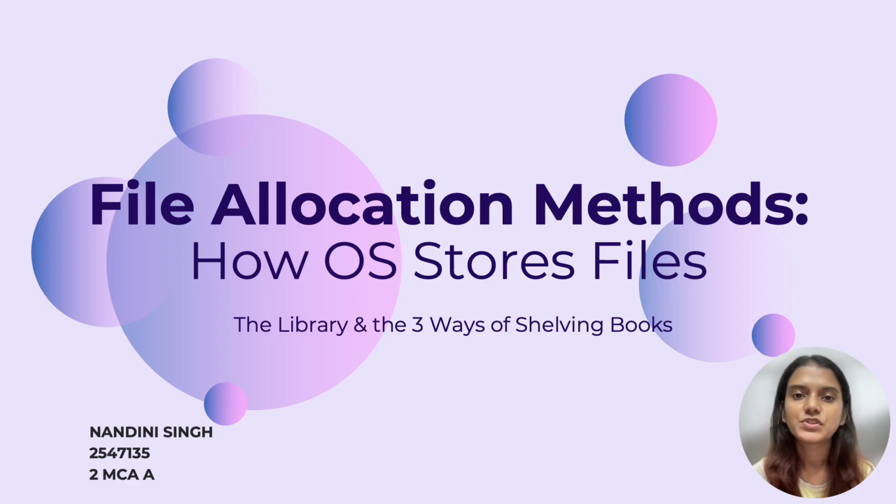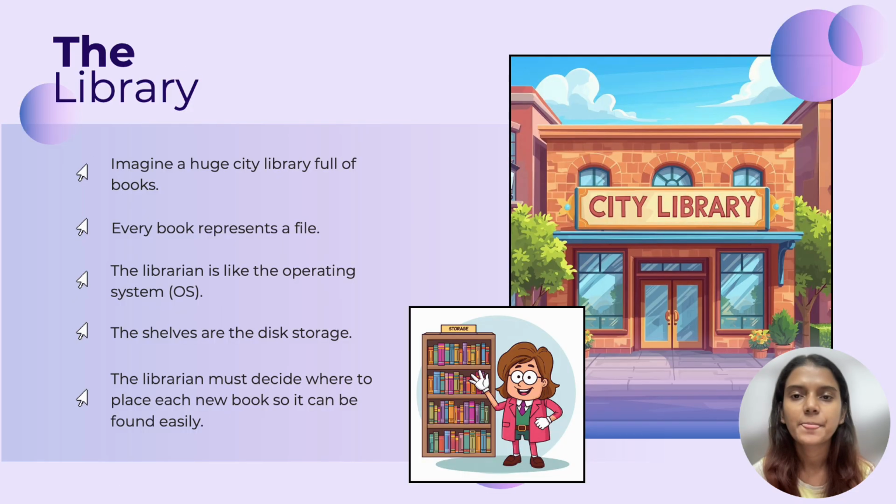But instead of jumping straight into blocks and pointers, I am going to tell the story of a city library because it perfectly mirrors how file allocation works inside an OS. The library. So imagine a huge, busy city library filled with thousands of books. In our story, every book represents a file that you store on your computer.